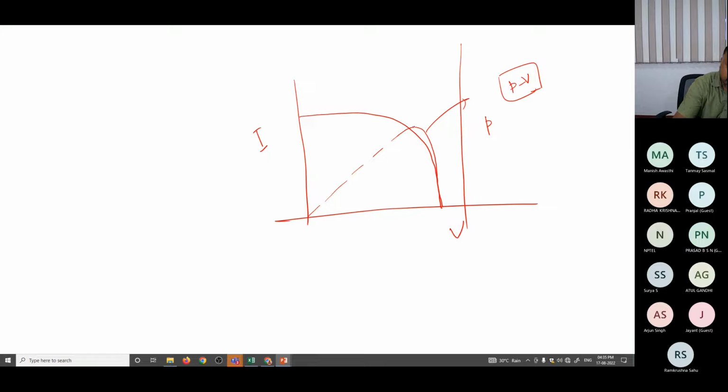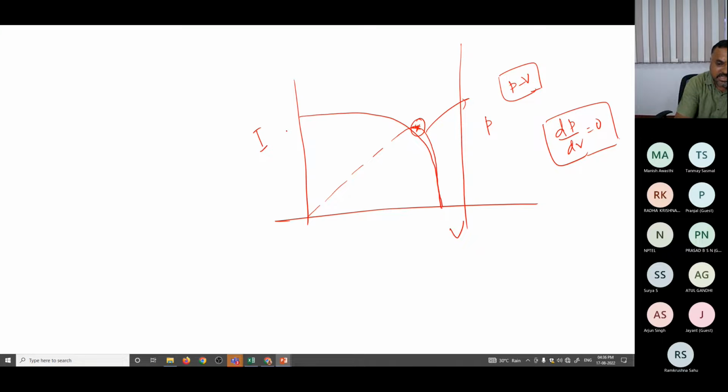So here at this point, dP by dV is 0, right? This point is nothing but your maximum power point, at which dP by dV is 0. If we are operating the system at this point, you are maximizing the power irrespective of the solar radiation.